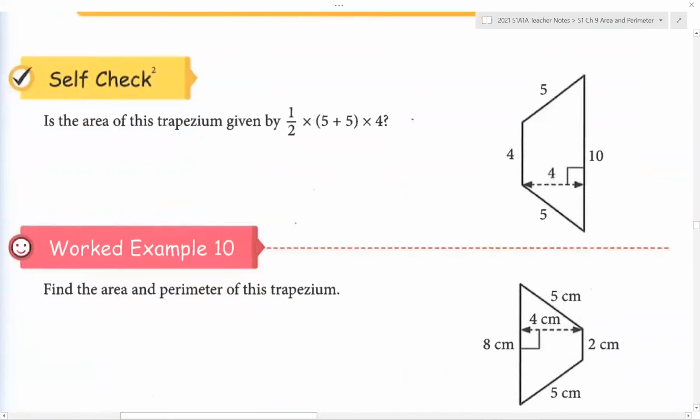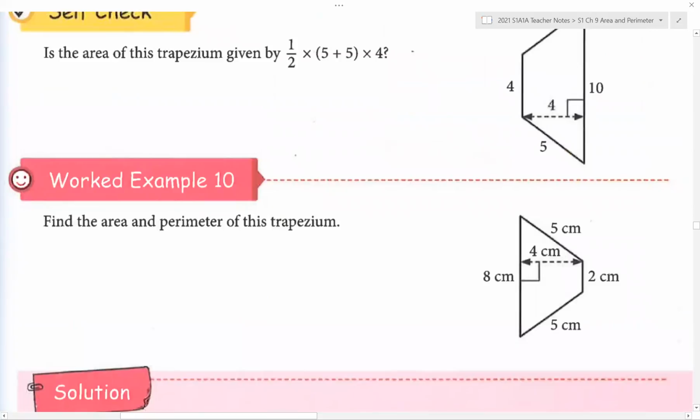Okay, so let's take a look at worked example number 10. We've got a trapezium over here. I'm interested in area. So right now, area equals half. It always starts with half times sum of parallel sides. Can you identify? There are 4 sides of the trapezium. Which 2 sides are parallel?